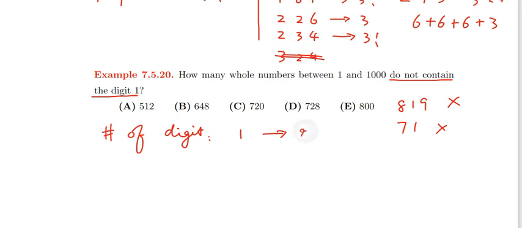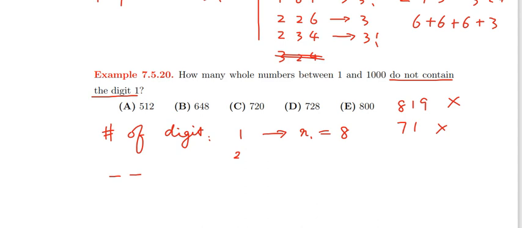It just cannot be 0 and cannot be 1, so it can be only 2 to 9. So we have 8.